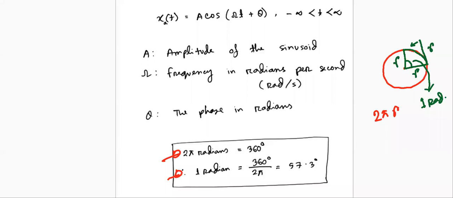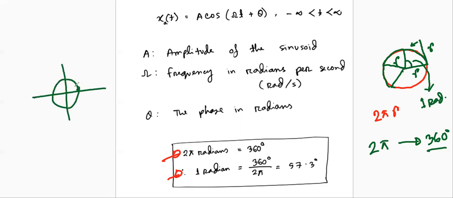So how many times do you need to put this kind of triangle to make the whole circle? You need to put it 2 pi times to make the whole circle. So 2 pi radians gives 360 degrees, because the whole angle of a circle is 360 degrees.